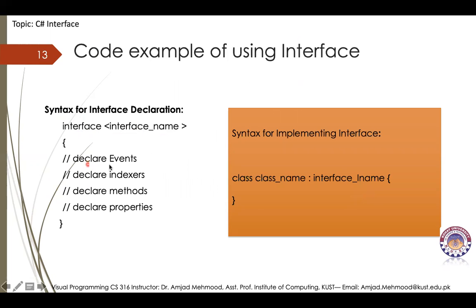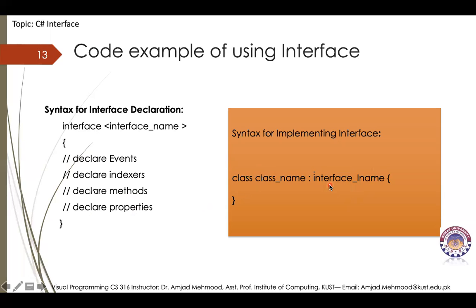Now declare events, declare indexers, declare methods, and declare properties. This is how the interface is used, and how we implement it. Like you have this interface, and now this class is implementing the interface.